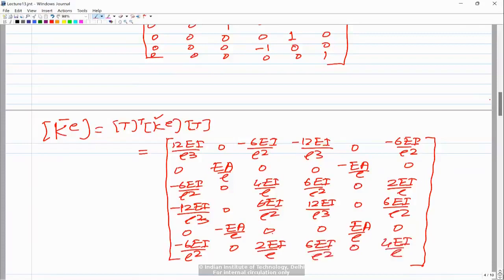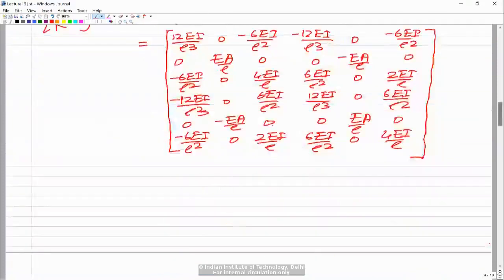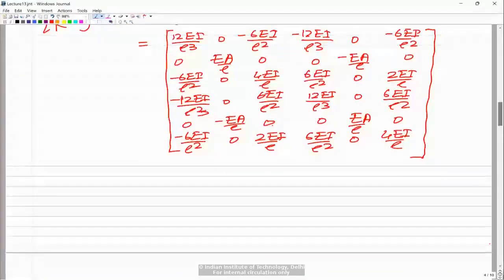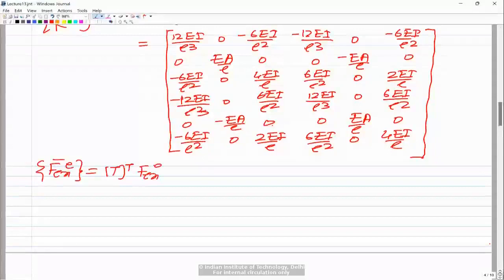So similarly, if you look at the transformed load vector, you'll find that f external e bar, which we have set, is T transpose into f external for the element. This formula we have just written. You already know f external for this frame element.